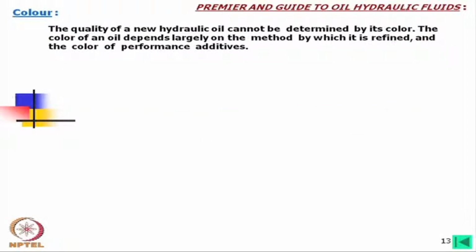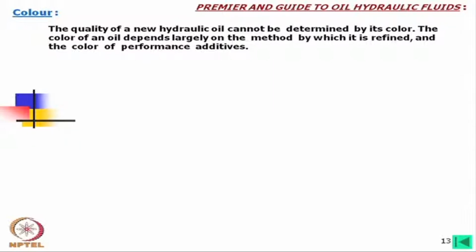Now, the color. The quality of a new hydraulic oil cannot be determined by its color. The color of an oil depends largely on the method by which it is refined and the color of performance additives.